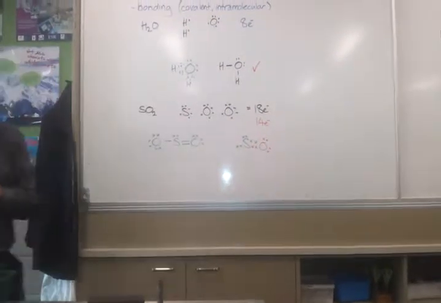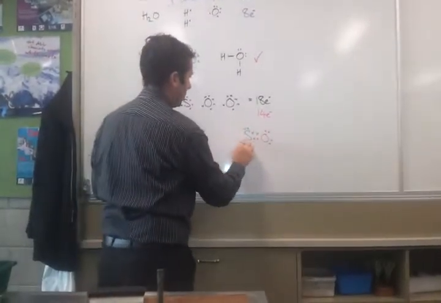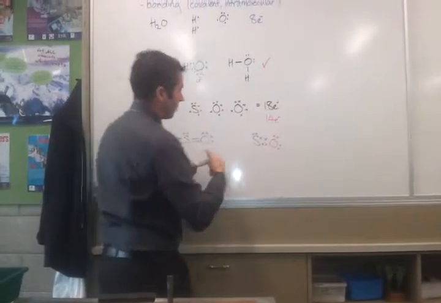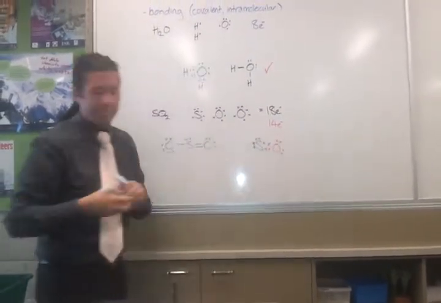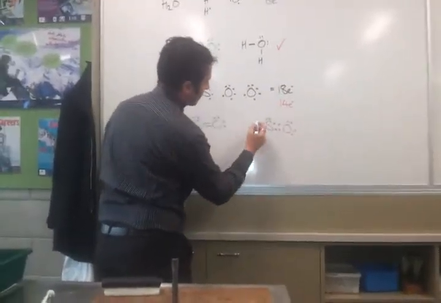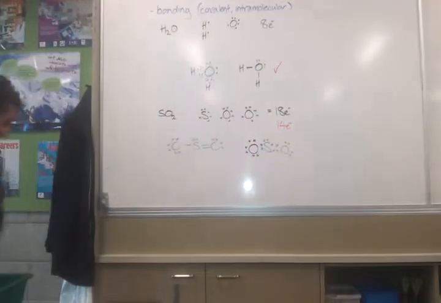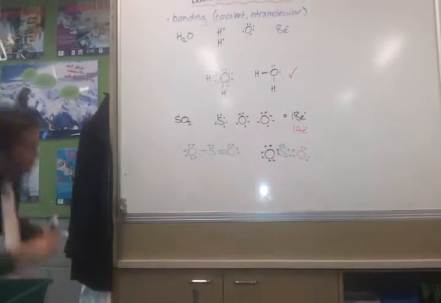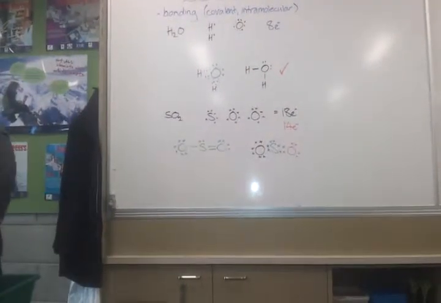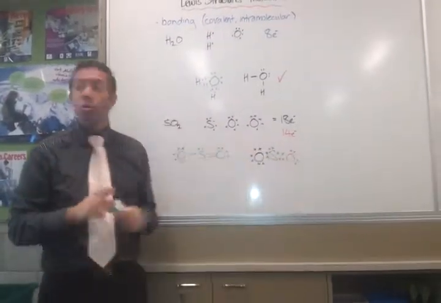Hopefully you'll be able to see that with each colour I use, and hopefully you can see that every single one of those atoms has contributed 6 electrons. I'm using the colours. However, it looks like sulfur has created this bond with oxygen all on its own.